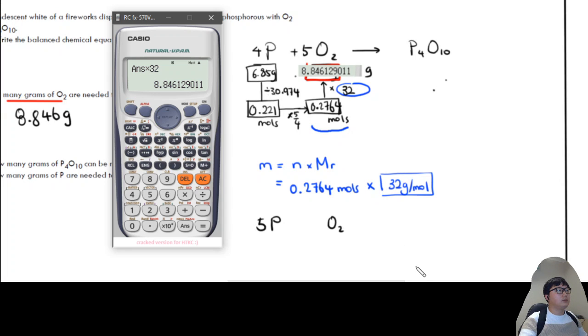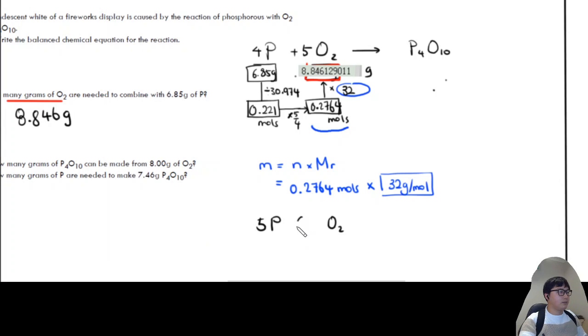So 5 divided by 4 times by 5. That's equal to not quite 6, but 6.25. So that's easy to do, right?